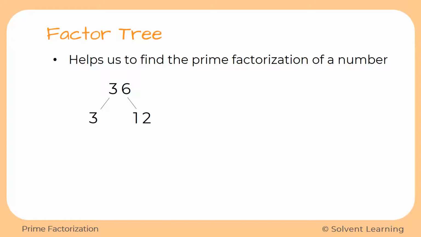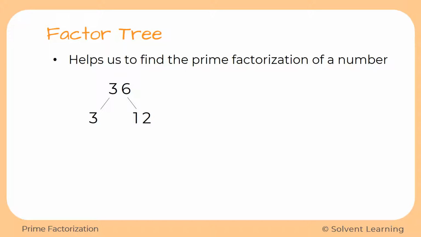I'm going to start off with 3 and 12. But you could start with other numbers as well. You could do 4 times 9, you could do 2 times 18, because in the end, we would still get the same answer. So it doesn't matter what two numbers you start with, as long as the product of those numbers is equal to the number at the top.